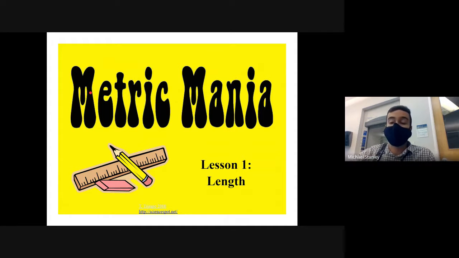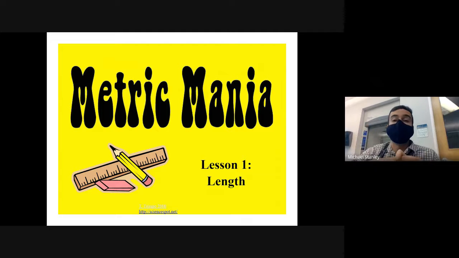And so today we're going to talk about what is the metric system, what makes it a little bit different from the English system or the American system. And we're especially going to talk about how we can change between big and small metric units or metric measurements. So there's three major types of measurements that scientists make.